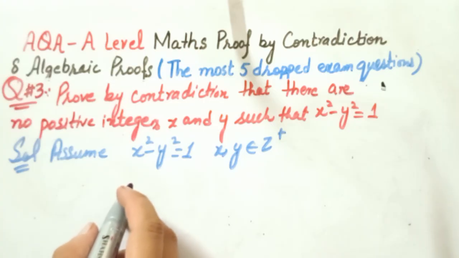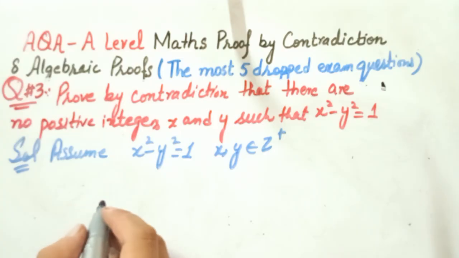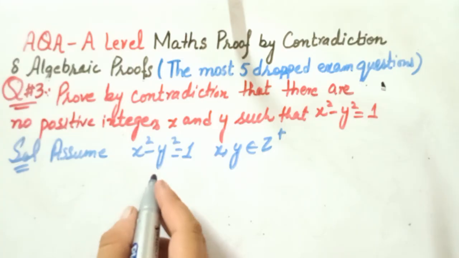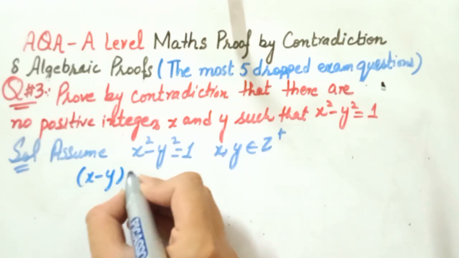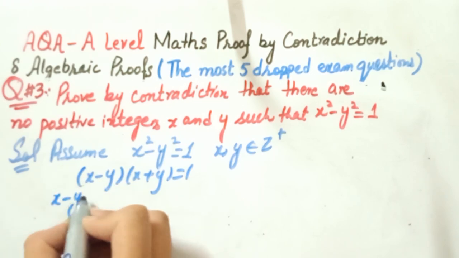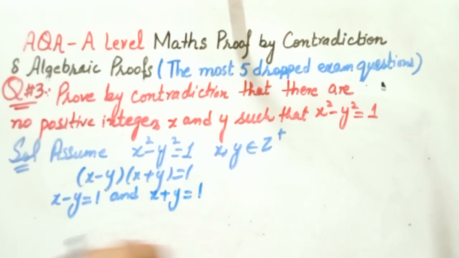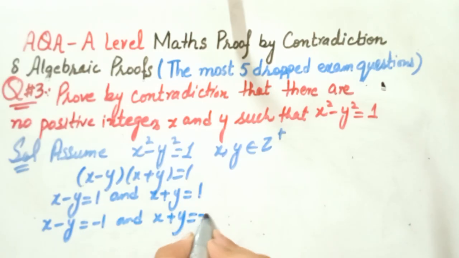Now you can look at x square minus y square, that is a difference of two squares. So the difference of two squares is (x minus y)(x plus y), that equals 1. Now there are two cases: x minus y equals 1 and x plus y equals 1, or x minus y equals minus 1 and x plus y equals minus 1. This is case 1 and this is case 2.